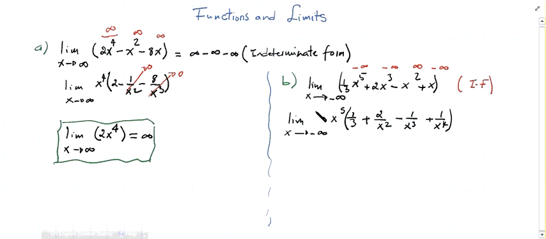Just like we did before, when x tends to minus infinity, 2 over infinity, it could also be minus or plus, tends to 0. This tends to 0, this one tends to 0, and that one tends to 0.